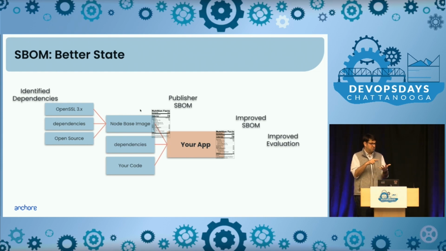Things that are not, like C++ libraries, are usually hard. Sometimes those are installed via RPM, sometimes they're not. So depending on what ecosystem you're in, how much work you have to do to make sure the SBOM is accurate will vary, for sure.